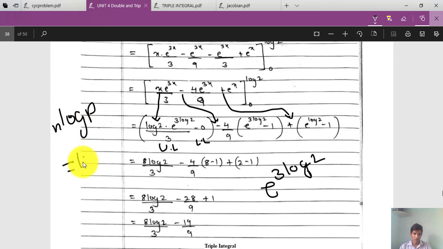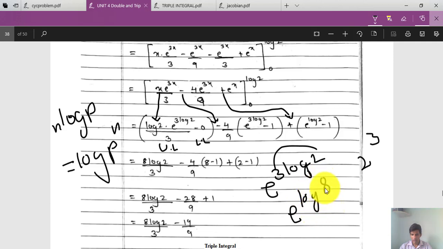It is always given as log of p raised to n. Now what I'll do is take this 3 to the power, and 2 power 3 is 8, so this turns out to be e log 8, and since the bases are the same, the value turns out to be 8, right?